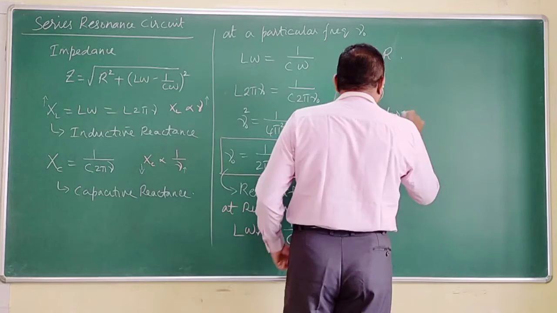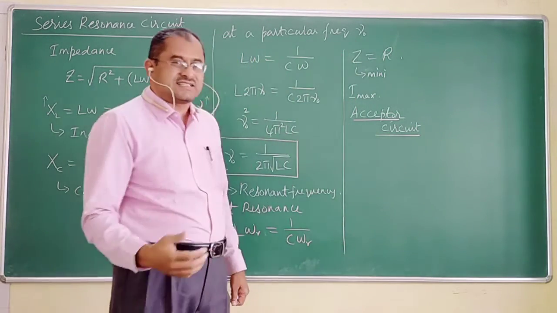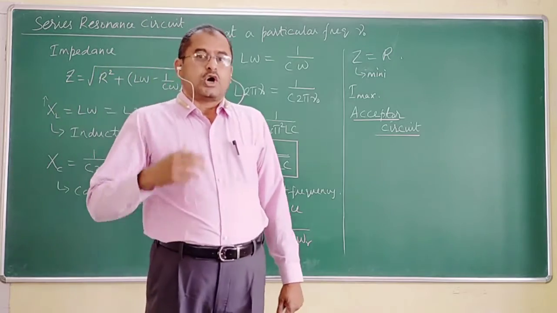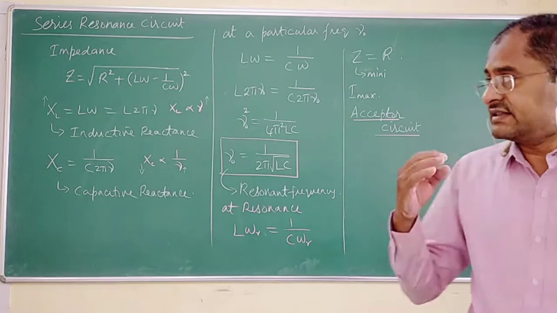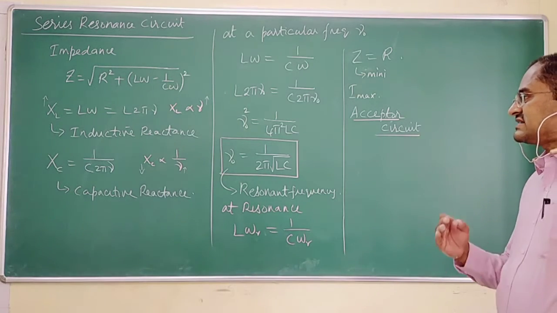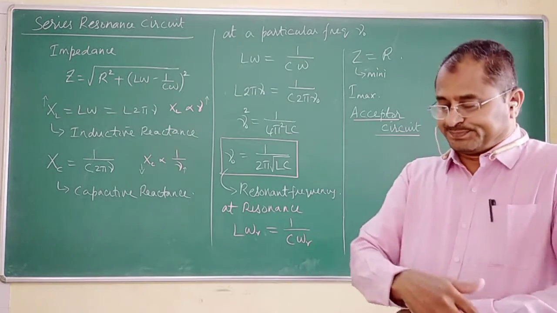It is called an acceptor circuit because it accepts or allows maximum current to flow through it.